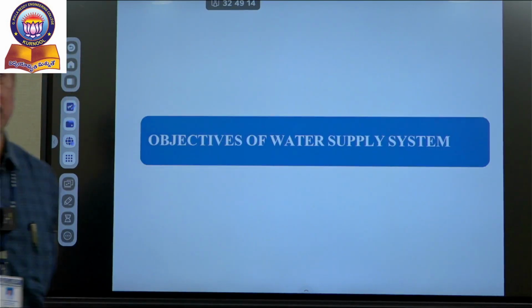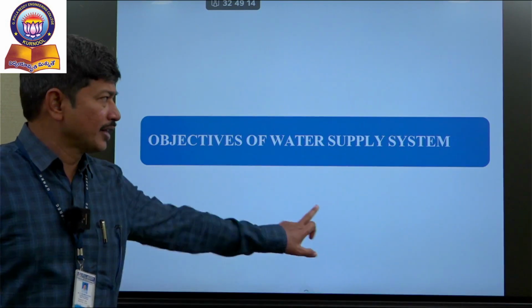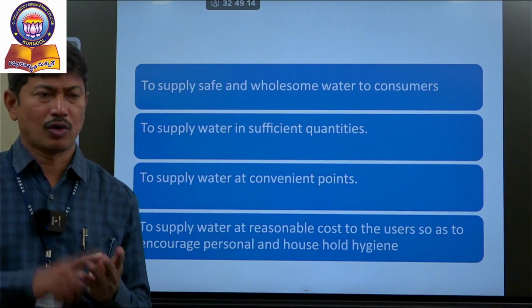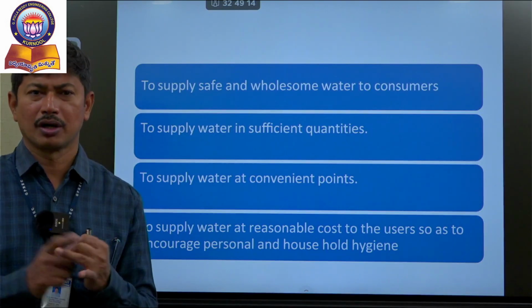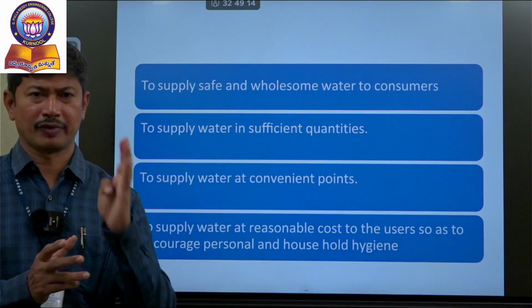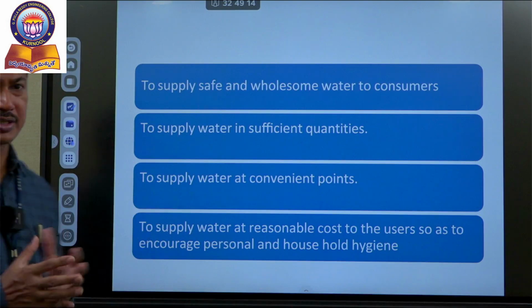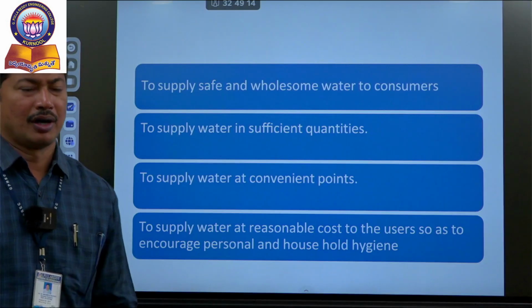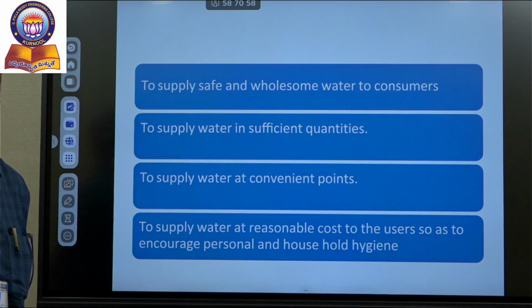What are the main objectives of a water supply system? To remember the 4 points: quantity, quality, cost, and distribution. These 4 are very important. First, to supply safe and wholesome water to the public. Second, to supply sufficient quantity of water to the public.